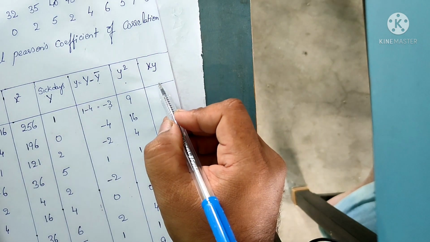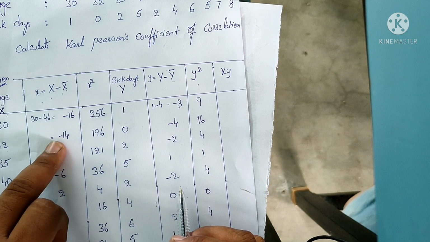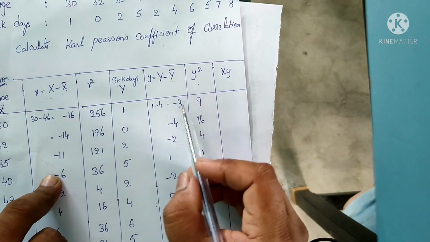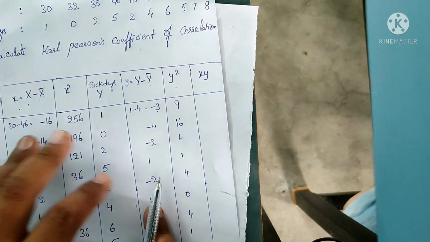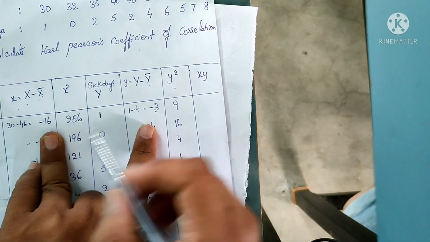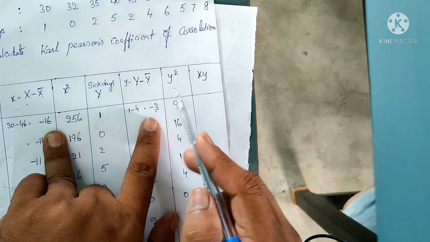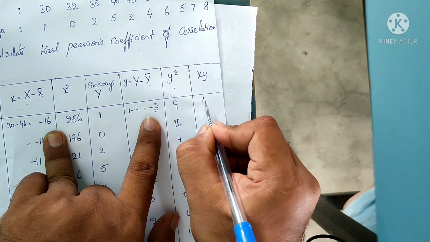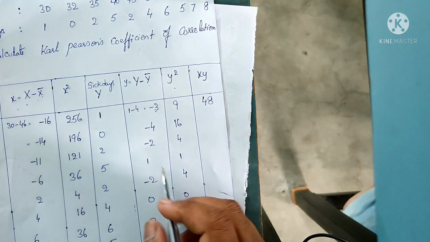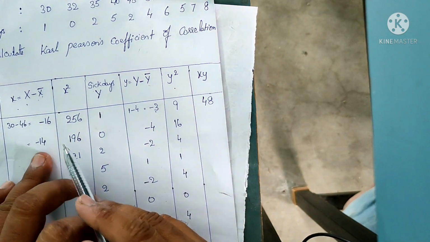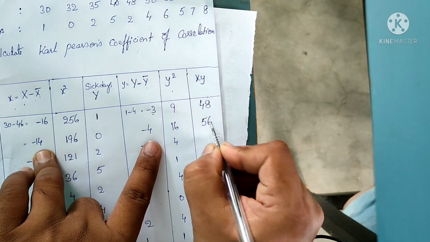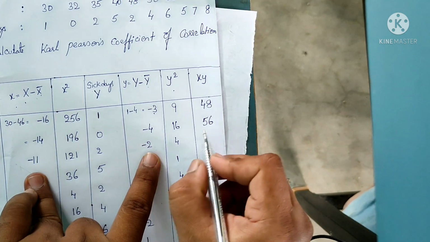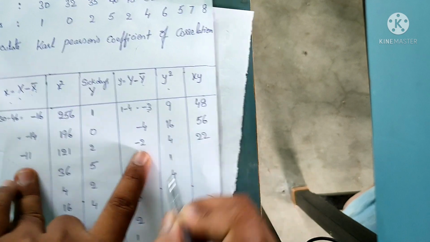Next, we have to calculate xy. So what are the x values? Minus 16, minus 14, these are all the x values, and the y values are minus 3, minus 4, minus 2. We have to multiply these two. Minus 16 into minus 3 is 48. Next, minus 14 into minus 4 equals 56. Minus 11 into minus 2 is 22.